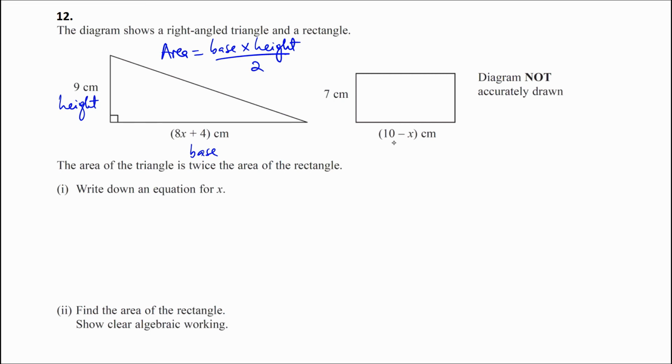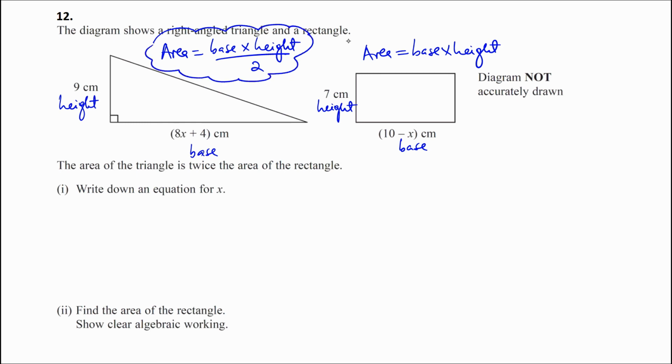And then for the rectangle, if this is the base and this is the height, area is given by base multiplied by height. So we have these formulas here that we are going to apply in solving this problem.